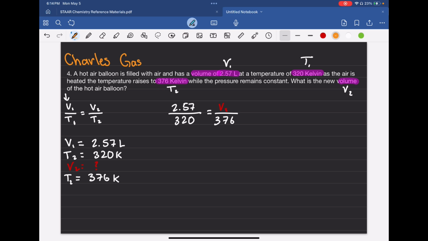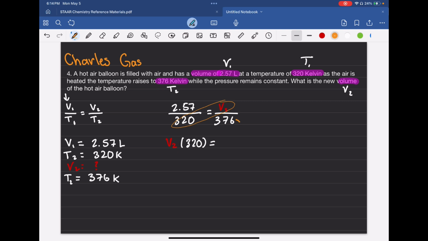Okay, for this question, we're going to solve by doing our butterfly method or cross multiplication. I'm going to multiply my variable times 320, so that stays as V2 times 320.